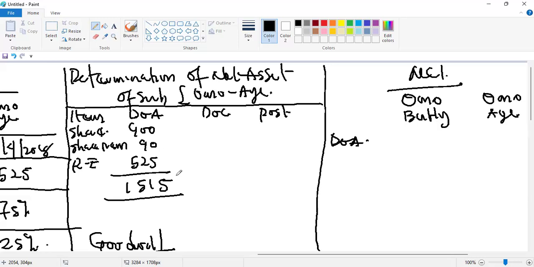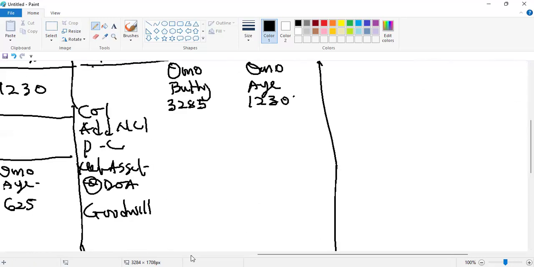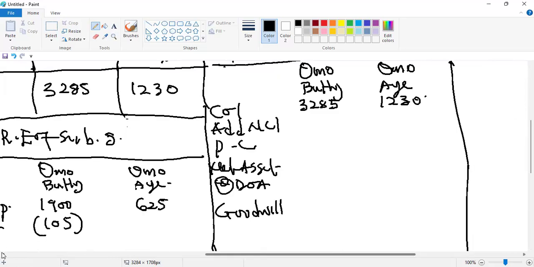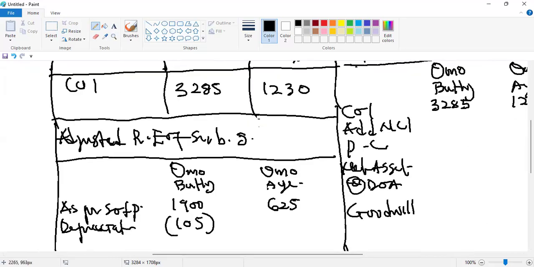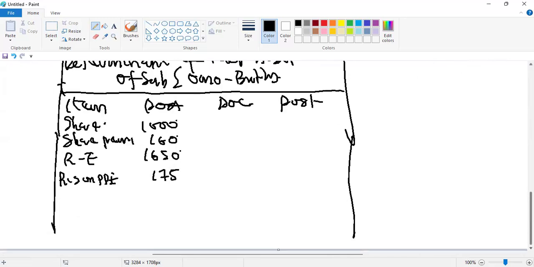The net assets. I can fill in the gap for the net assets. But this one, he said there's only one adjustment to the net assets: 1,000 plus 160 plus 1,650 plus 175.